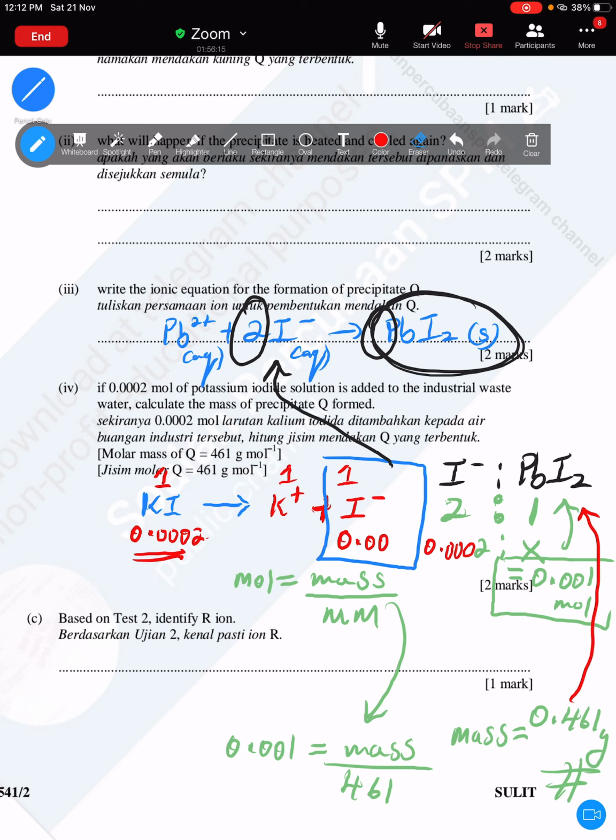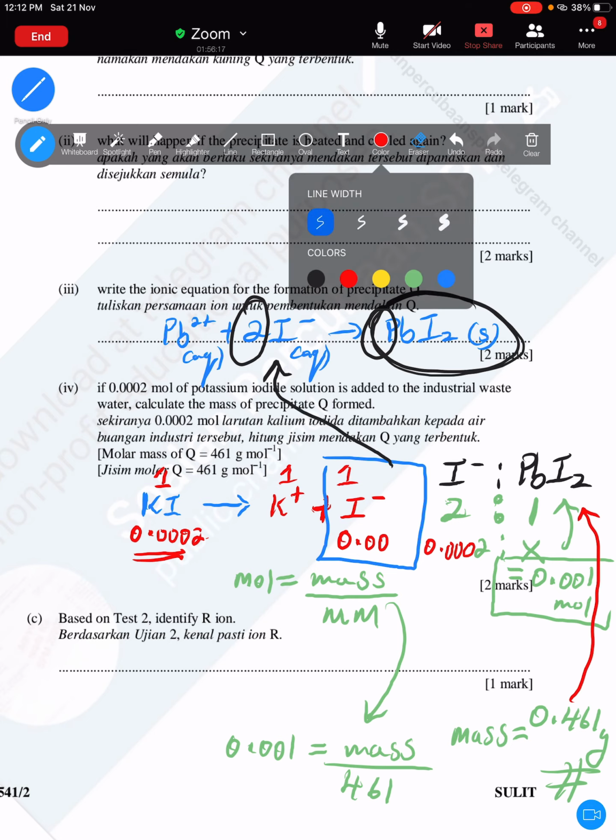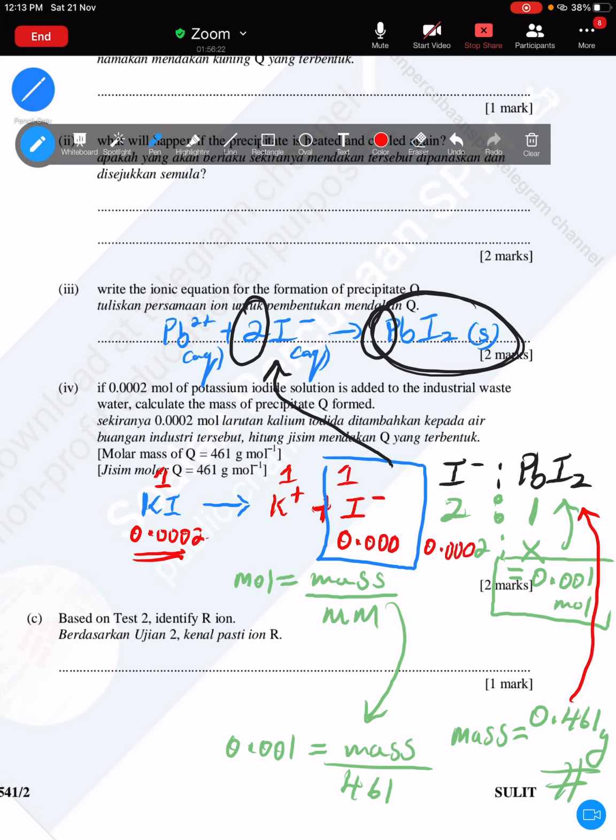The calculation is still going to be the same, but the value will be a bit different. 0.002 becomes 0.0002 for the potassium iodide, and here becomes 0.0001.